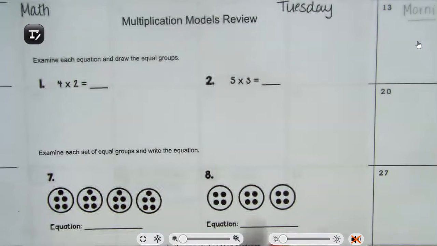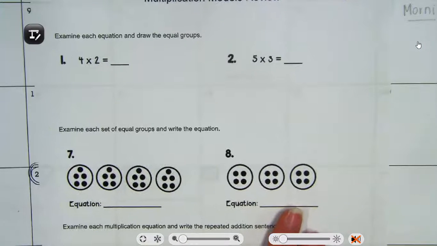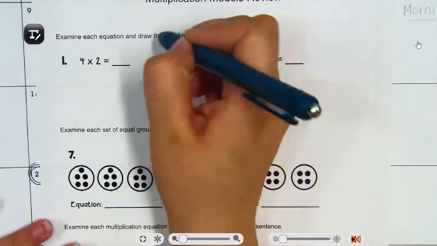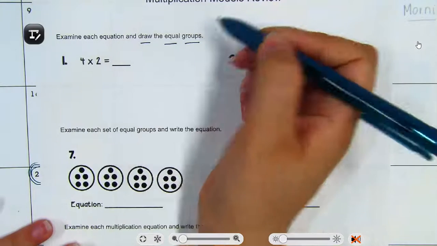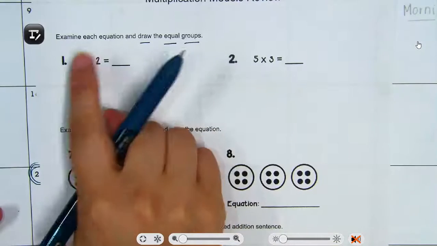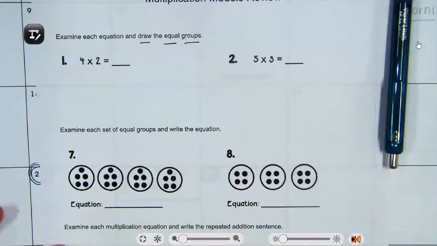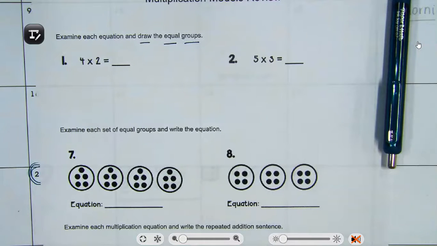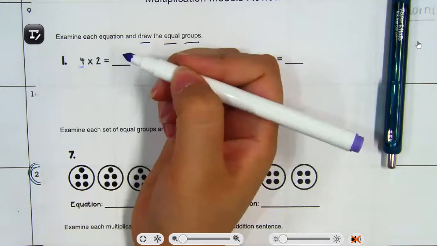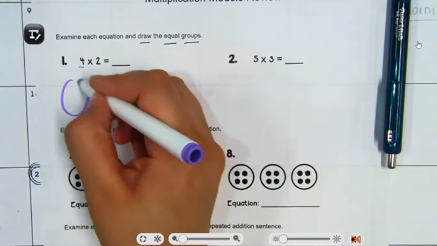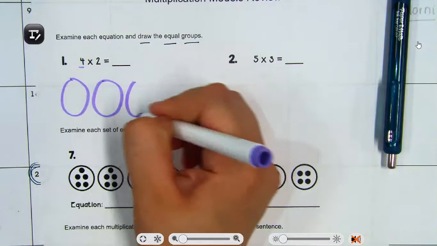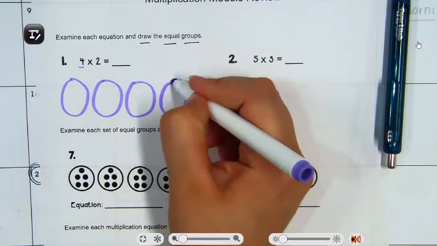And so the first one is we're going to take our multiplication problem and draw equal groups. Okay. So I have 4 times 2, and that's the one we actually did on the board, guys. So that means that the 4 is my group. So I'm going to have 1, 2, 3, 4.